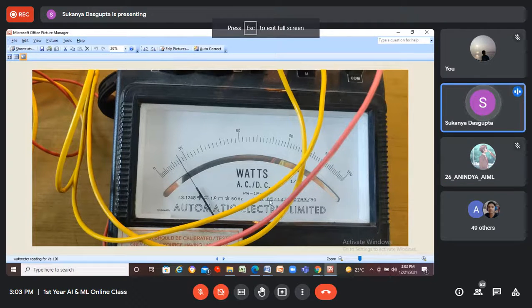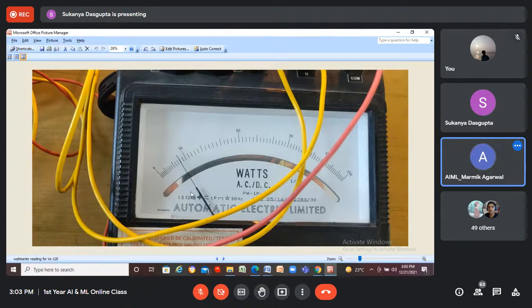But what I'm trying to tell you, ma'am, is why there is a difference in the line between 0 and 30, and then again 120 to 150. See, when we measure the power, the wattage value, we consider only the value of one small division.